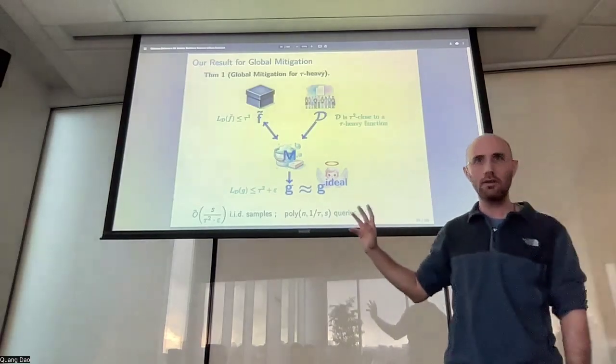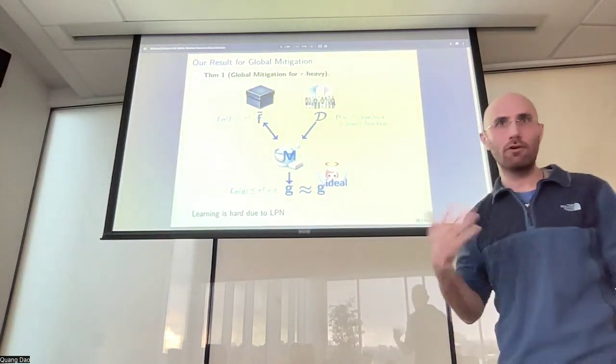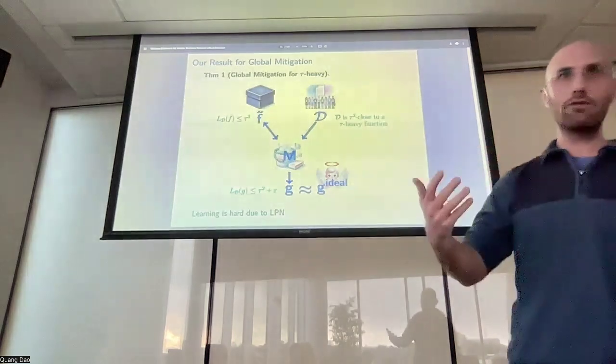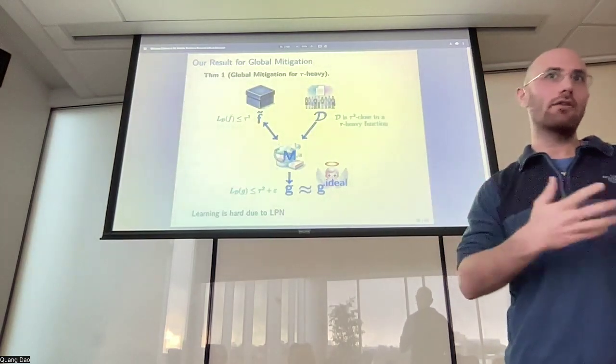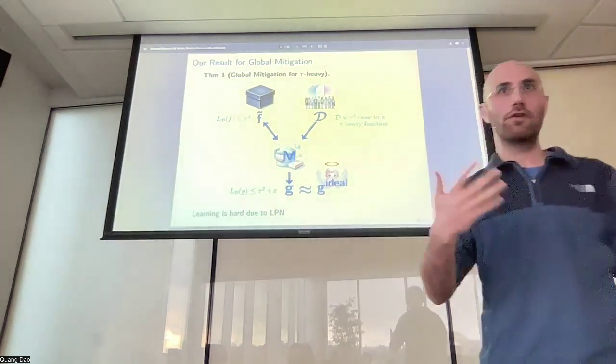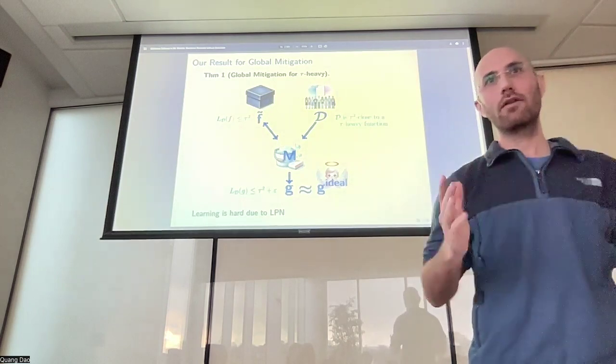So everything is efficient. And that's interesting because remember, we want this to be more efficient than training. In general, if you want to learn a tau-heavy function, that cannot be done efficiently in terms of computational cost under the LPN assumption.